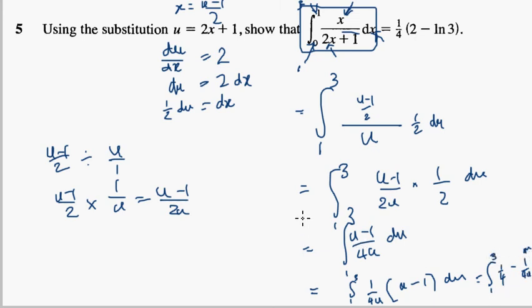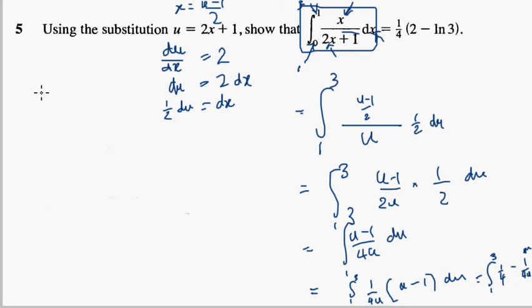Still not done though. I'm now going to confusingly swing across to this side and carry on with this integral. So we are integrating a quarter minus 1 over 4u du between 1 and 3. Now, I've made a very, very important error here. I've written 1 over 4u as a quarter u.